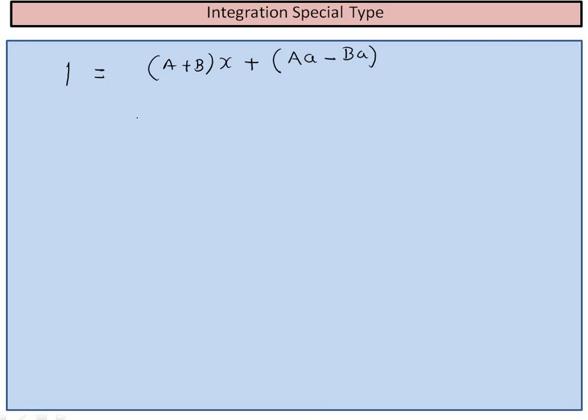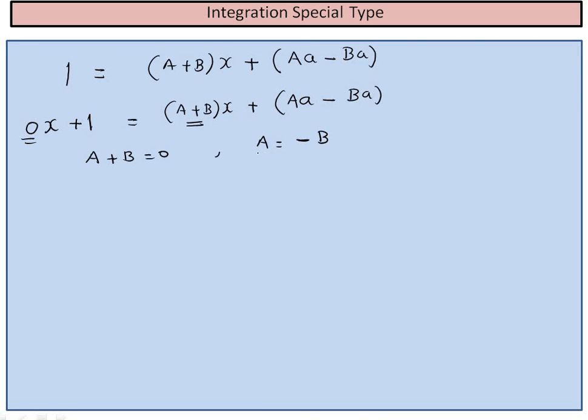We want to find out capital A and capital B. Now this 1 is nothing but 0 times x plus 1 is equal to A plus B into x, because यहाँ x नहीं है, plus capital A small a minus capital B small a. Now coefficient of x is 0, so A plus B is 0, so I get A is equal to minus B. समझ गए?